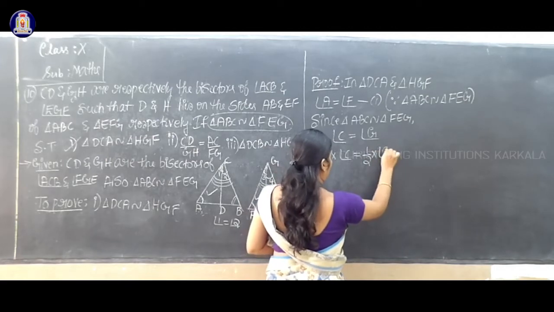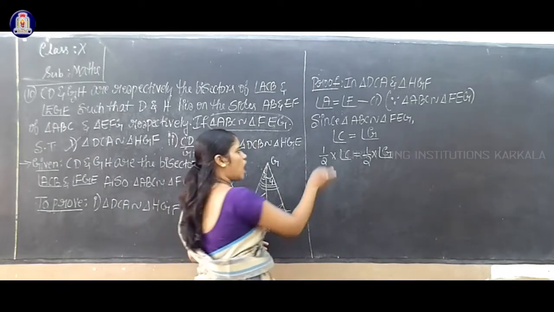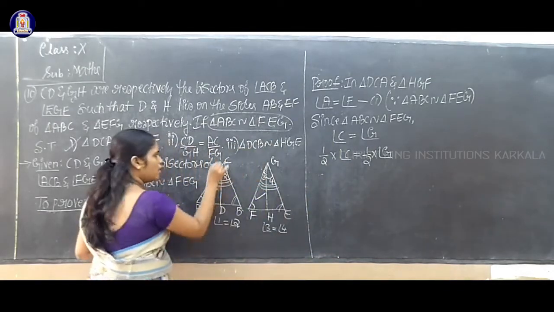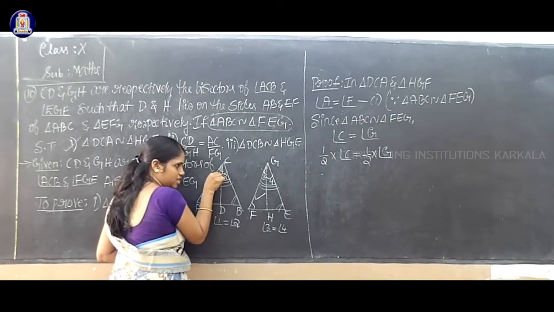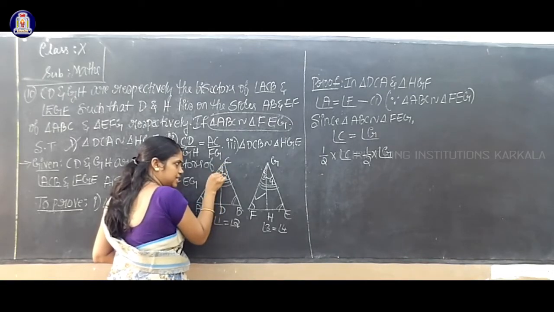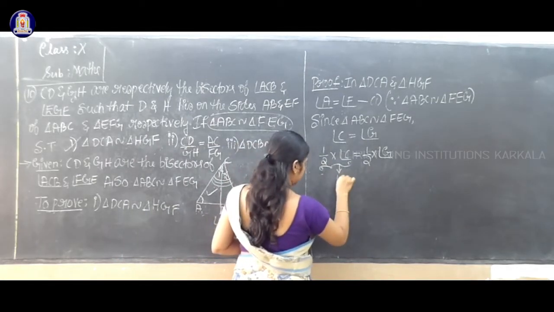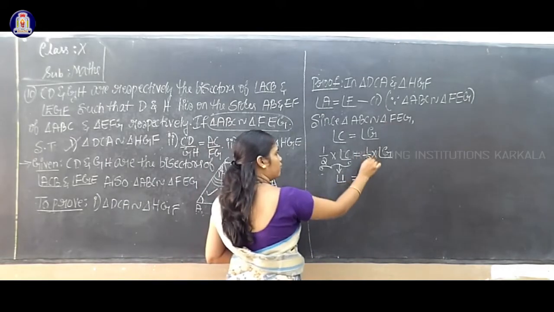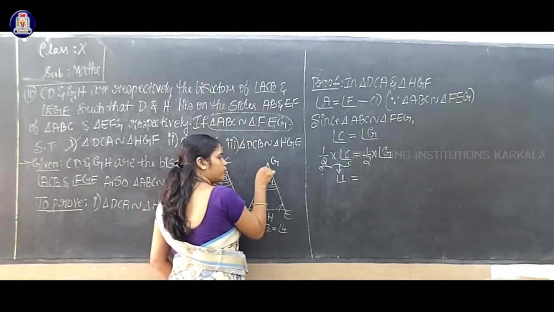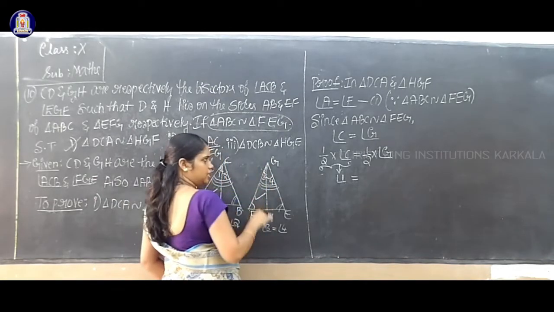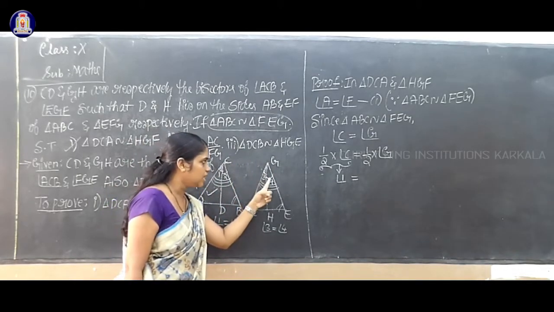Half of angle C is angle 1, equal to half of angle G. Half part of angle G is angle 3, because I have divided angle G into two equal parts, that is angle 3 and angle 4.